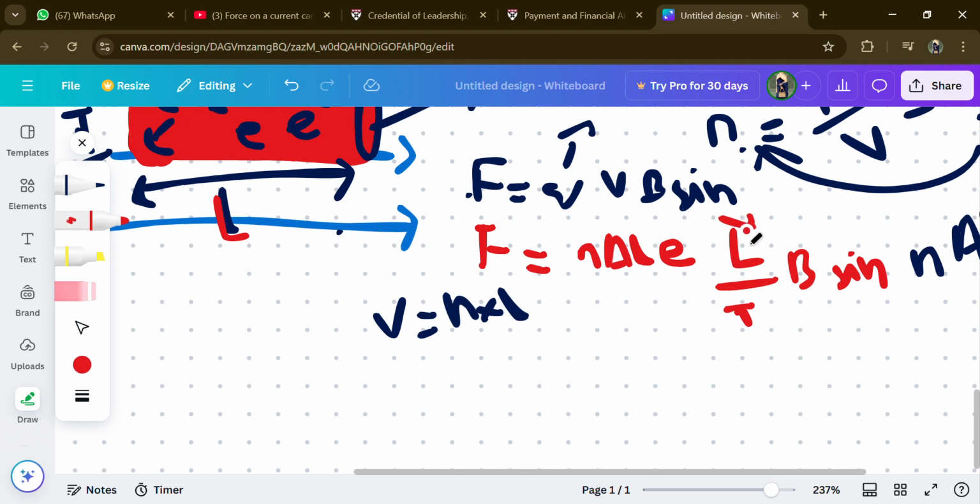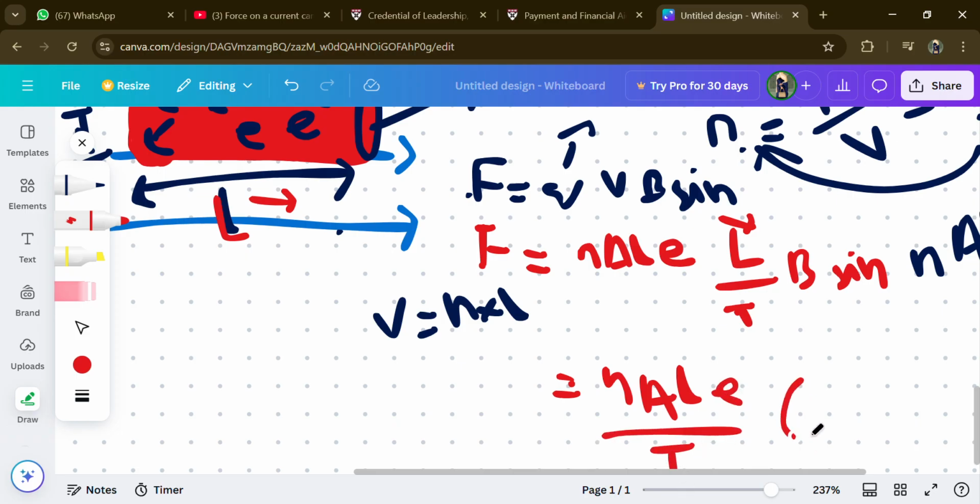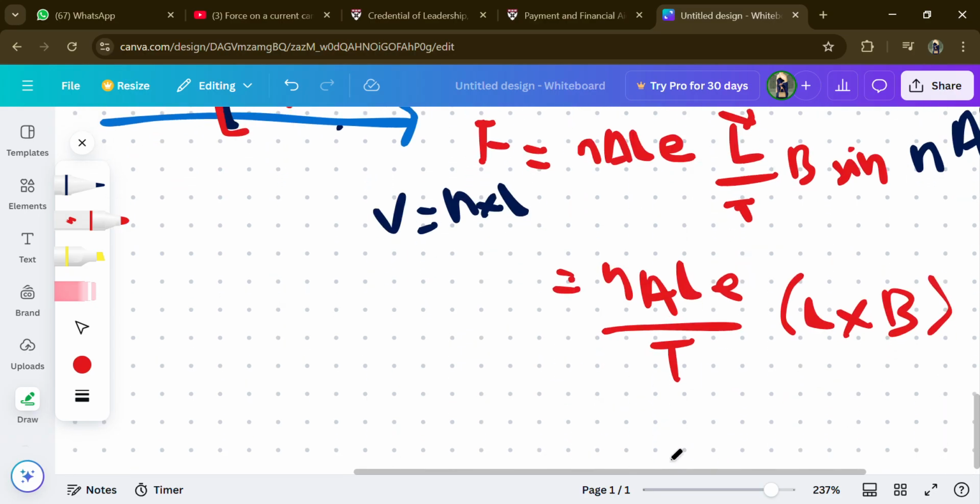Now L, the displacement, is a vector quantity, and B is a vector quantity, since we have a proper direction for them, right? So we'll keep all the scalar quantities outside the bracket. In the bracket, L multiplied by B, since vector quantities can be written in the form of a cross product.